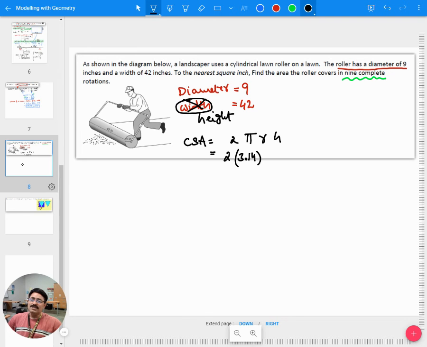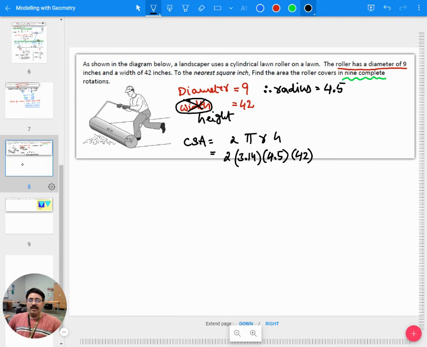Please notice that this is not the radius, this is the diameter. Radius is half of the diameter, therefore half of 9 is 4.5. And the width of the roller is to be taken as the height of the cylinder. Therefore, that is 42 inches.